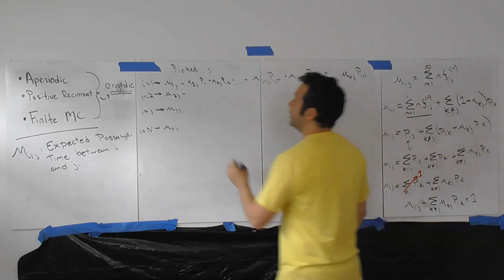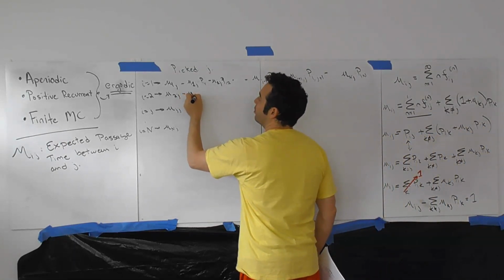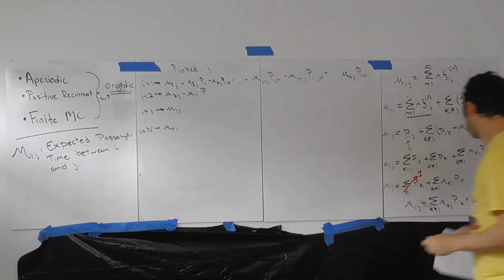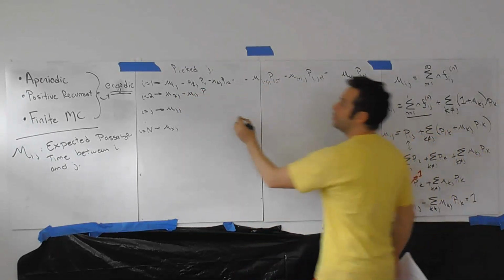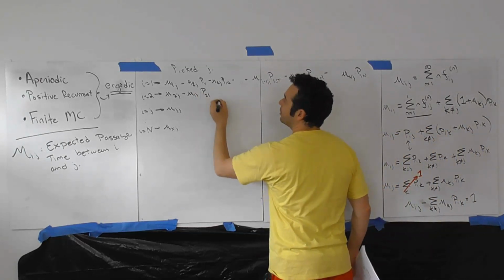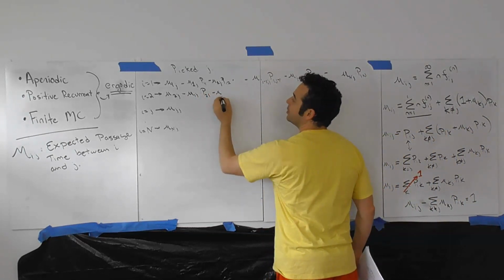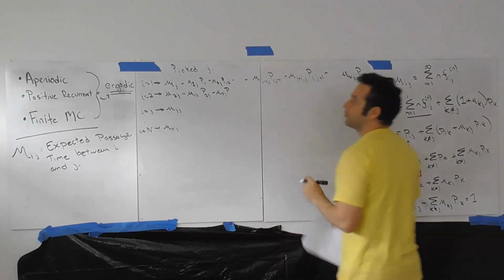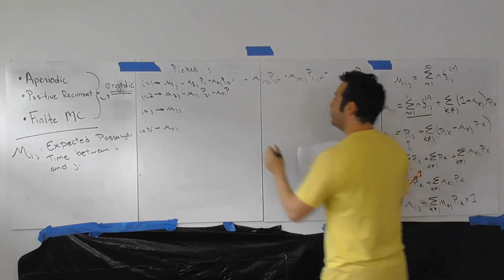So for this next line, we have mu 1j times the probability that we go from state 2 to 1 minus mu 2j times the probability that we go from 2 to 2.